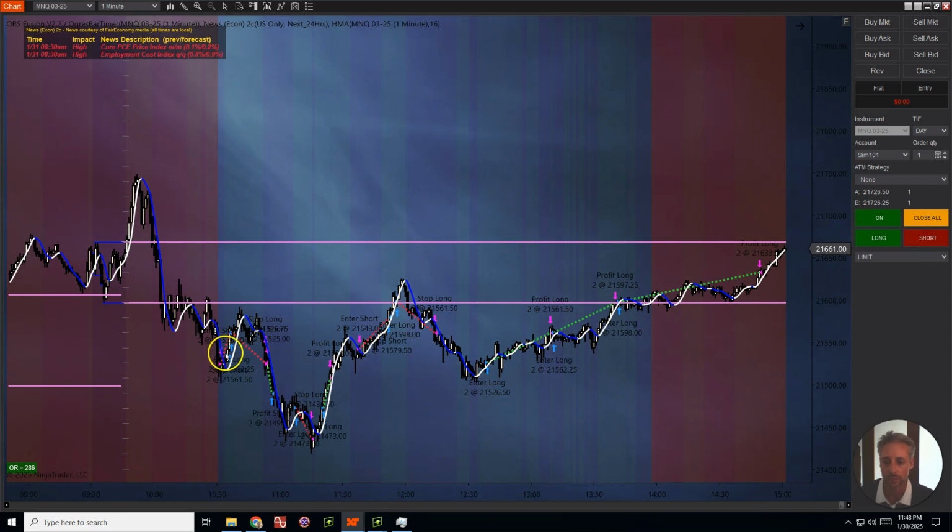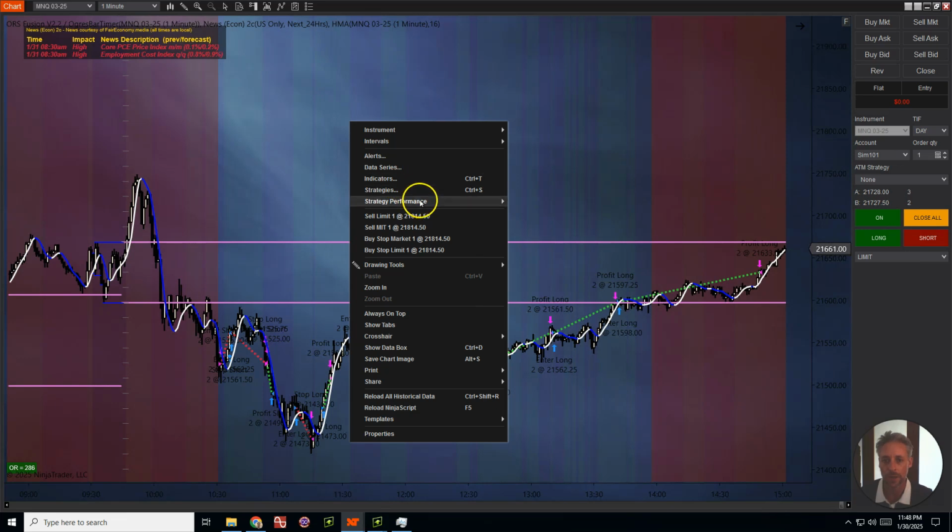So let's count the losses: 1, 2, 3, 4, 5 losses. 1, 2, 3, 4, 5 wins. Break even. So let's see what the 180 calendar day backtest says.